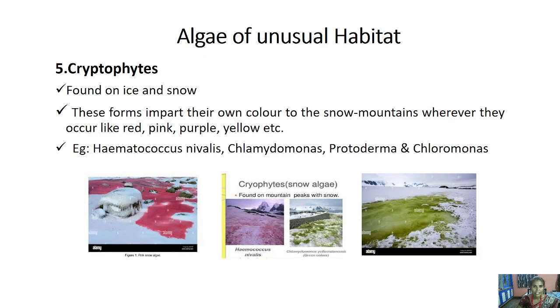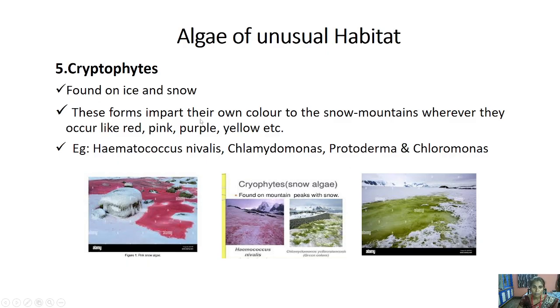Coming to the fifth category under unusual habitat, that is cryptophytes. Cryptophytes are a group of algae which are found on ice or snow, giving a characteristic color to the ice. Here we can see the ice exhibiting green color due to the growth of algae.